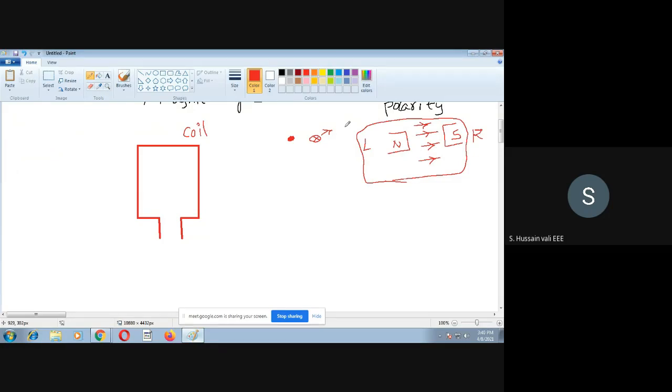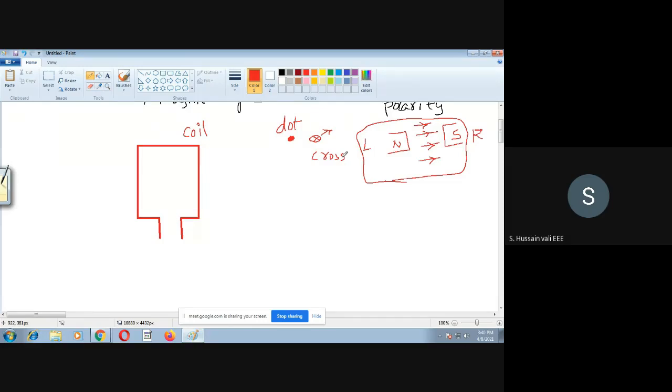So you are watching the screen here. When you watch the screen, assume that the flux lines are coming towards you from the screen, then that can be represented as a dot. Whereas when you find the cross symbol, it means the flux lines are going away from your eyes into the screen.